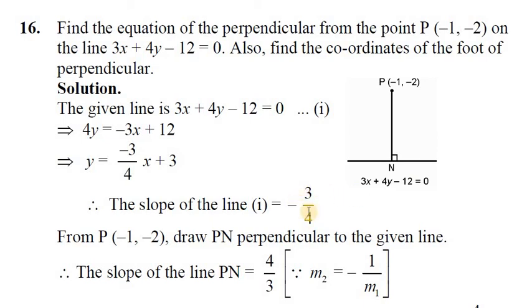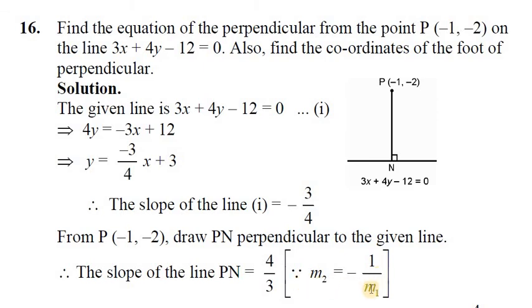So if the slope of this is -3/4, then we can find now the slope of PN, because the product of the slopes of two perpendicular lines is minus 1. So therefore the slope of PN we can get is 4/3, because the slope of one line is equal to the minus reciprocal of the slope of another line.